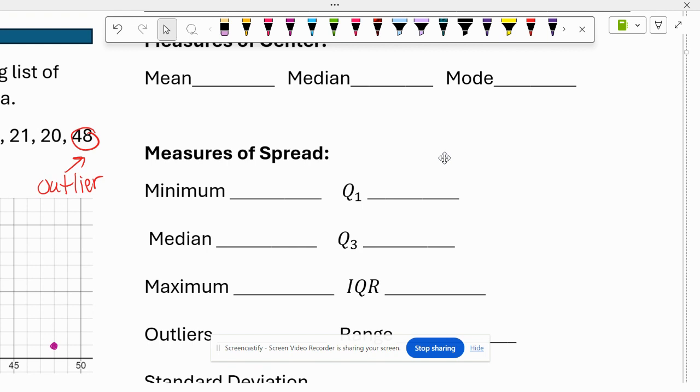You're going to input all these numbers. 21, yep, 20, 16, 18, 19, 20, 19, 20, then 24, 23, 21, 21, 21, 20, and 48. Oh, why is it not hitting? Dang it. It's hitting plus, not enter.